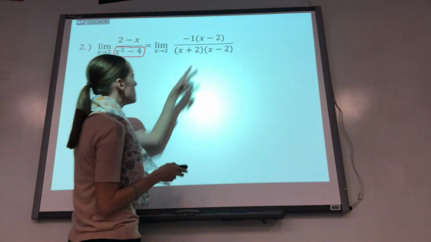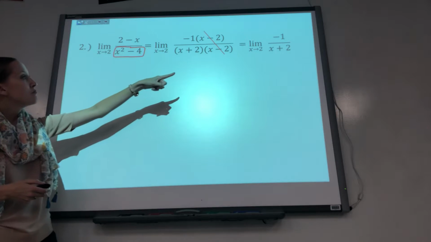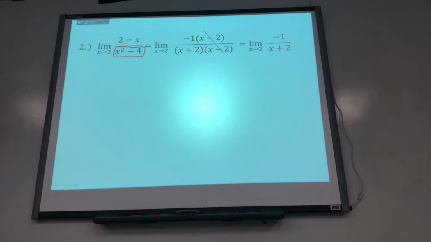Okay, well I feel a lot better now because the x minus 2's can drop out. Now I'm just taking the limit as x approaches 2 of -1 over x plus 2. So we can finally plug in that value of x. So you'll have -1 over 2 plus 2, or -1 over 4. You can keep the negative on top or out front, doesn't matter.